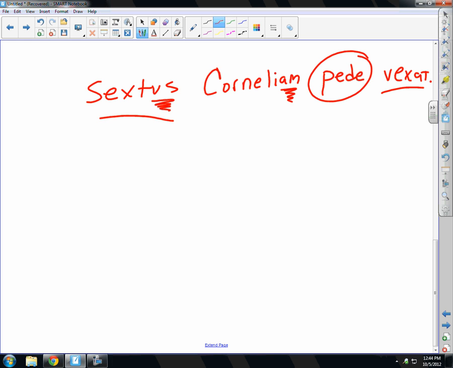If I have manner, Sextus, that's my subject. Ablative, this is going to end up telling me how he does the action. Let's say that he's waking up Cornelius. Who is he waking up?